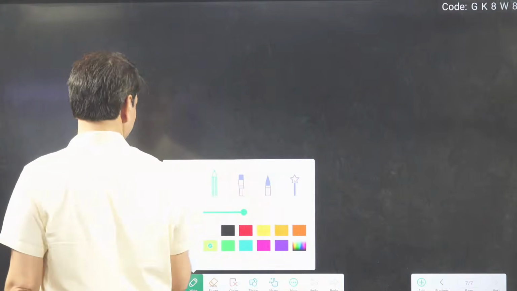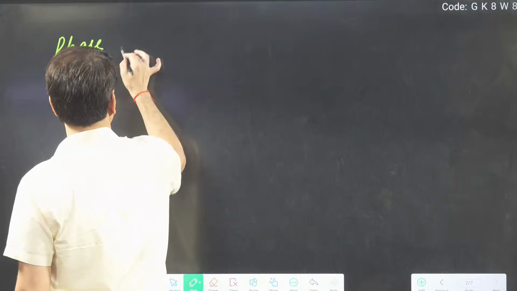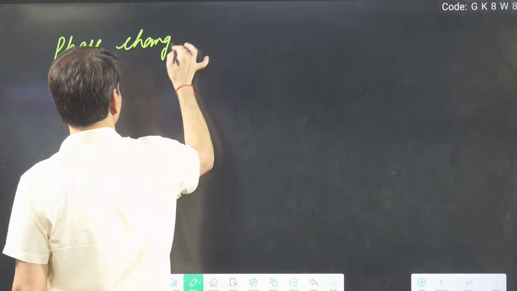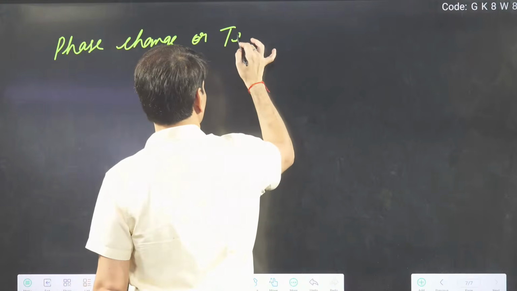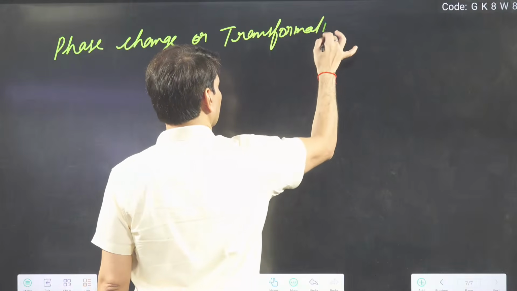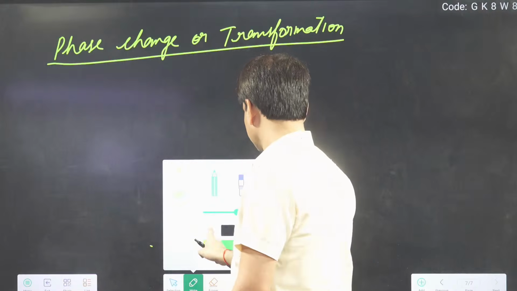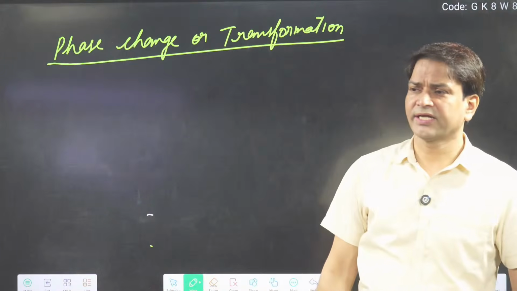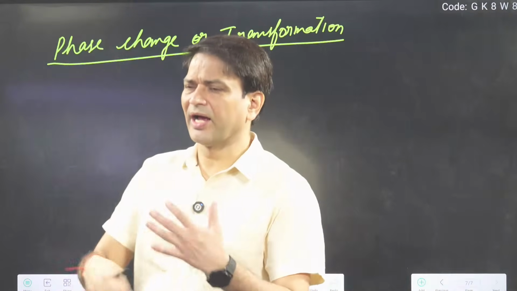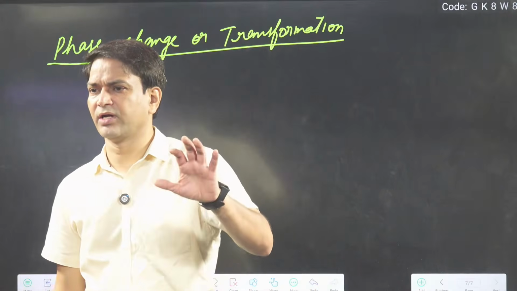Now what is the next concept? Phase change or transformation. There are 2-3 phase changes, and everybody knows also from the junior classes we have learned, like melting.